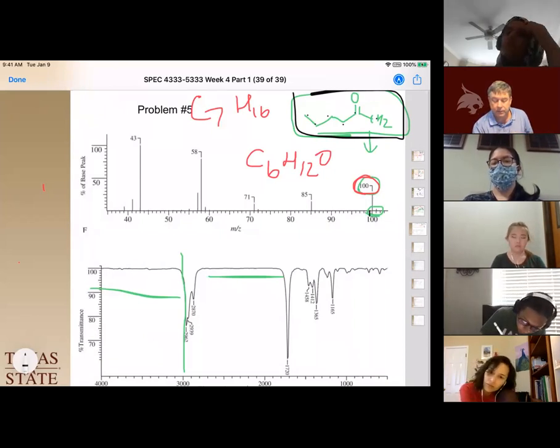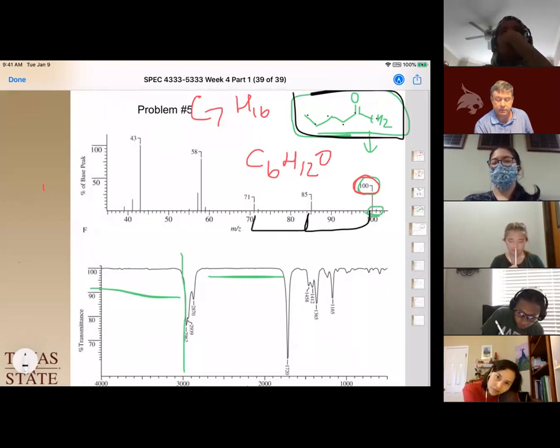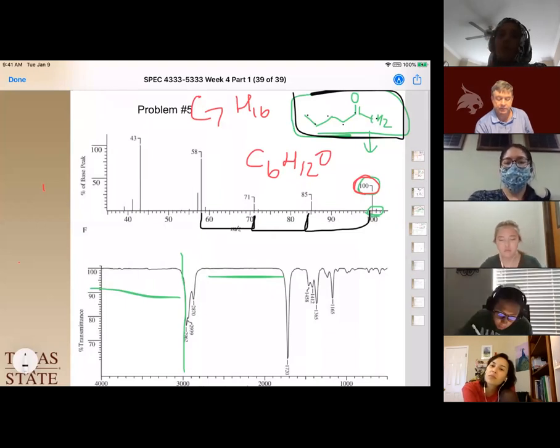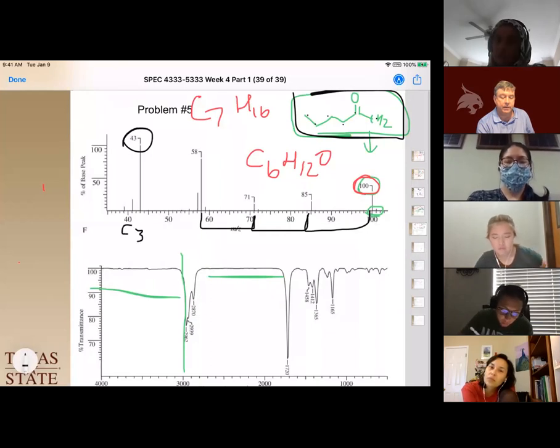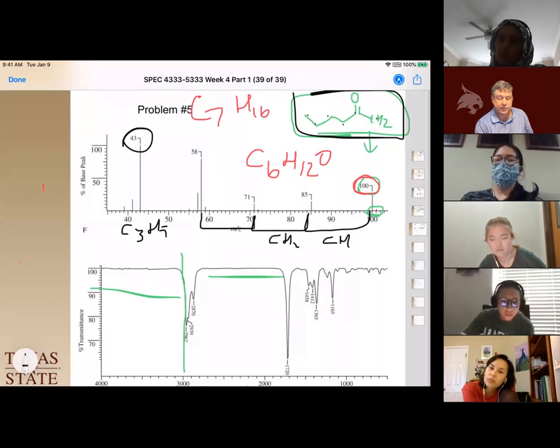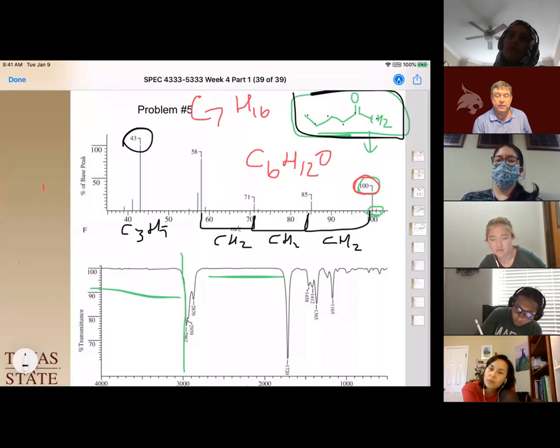Look right here, we have the loss of 15. We have the loss of 14. We have the loss of 14. And then we have this major fragment here, which is a C3H5. Okay. So if this is CH2, CH2, CH2, does that support our current structure?